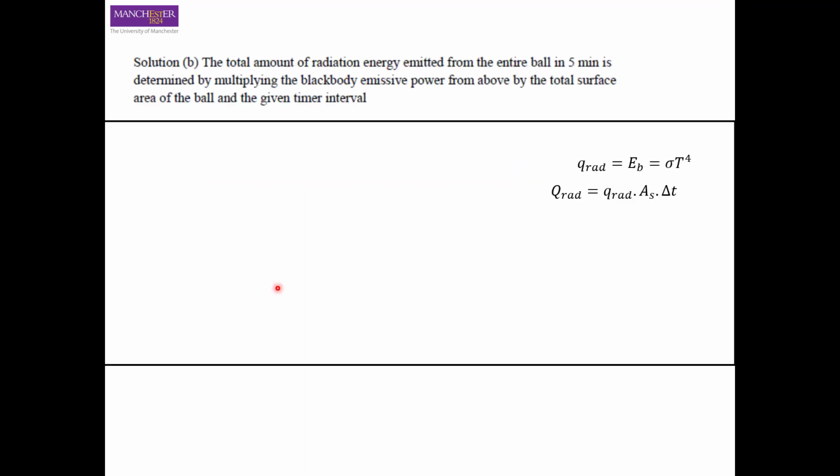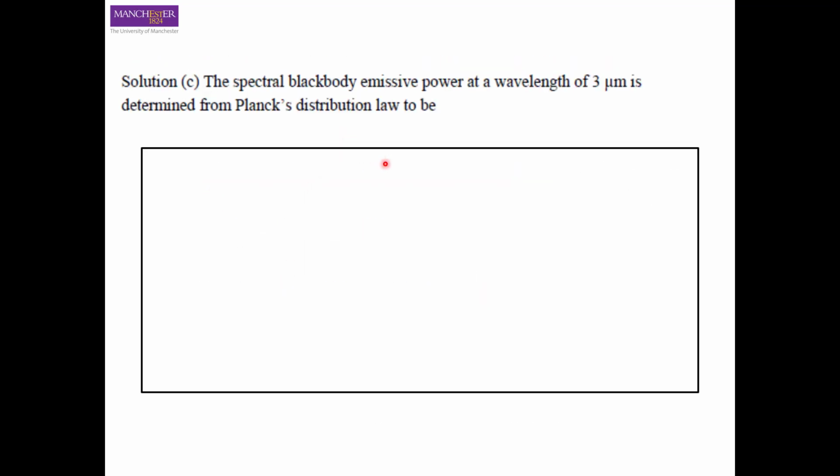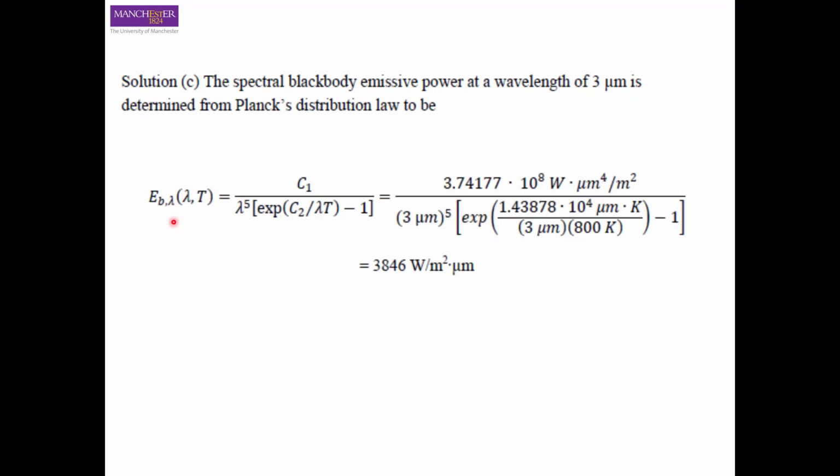But for part 3, we need to calculate the emissive power for a specific wavelength of 3 micrometer. To do that, we have to use Planck's distribution law, as we discussed in the lecture. And this is the formulation. You don't need to memorize this formulation. If this question is asked to you, this formulation should be given to you.